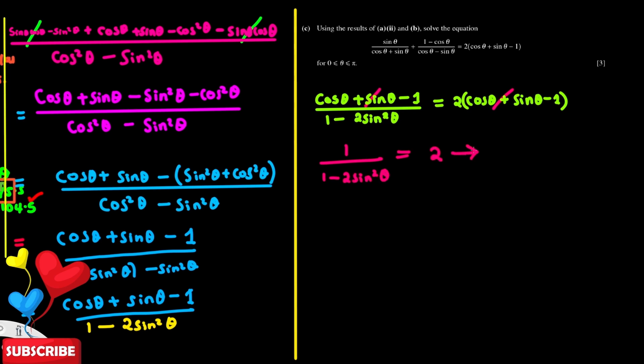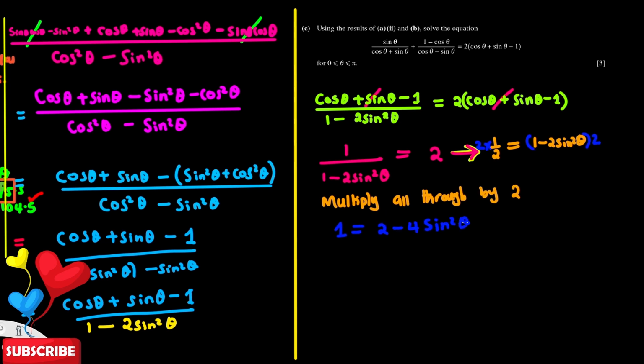We have this as 2, so we can simplify this, yes, and this can simplify to what? This can become, and then we can maybe multiply by 2 both sides so that we can remove the fraction, and then we simplify it to the fullest.